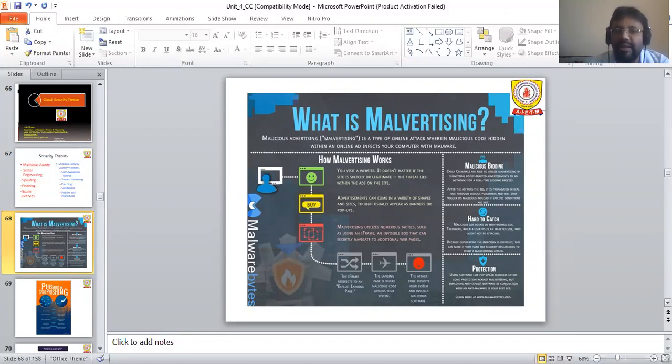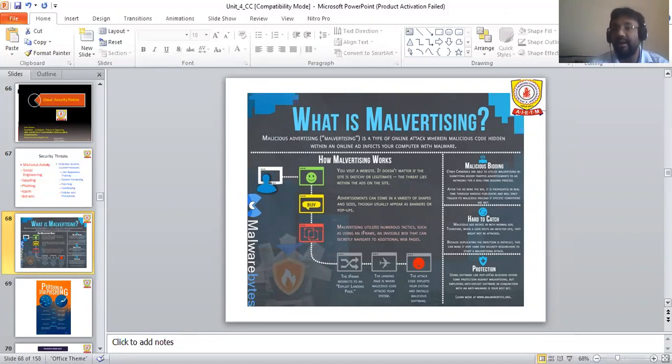Advertisements can come in a variety of shapes and sizes, and usually appear as banners or pop-ups. Malvertising utilizes numerous tactics, such as using iframes and invisible boxes that can secretly navigate to additional web pages. So malware advertising comes along with the website in the form of some ads.